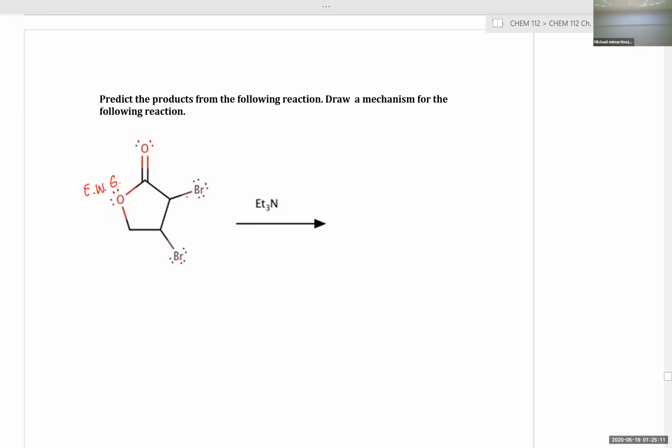Yep, we've clearly identified an electron withdrawing group. And now let's show the first step. Remember, the E1CB is stepwise.